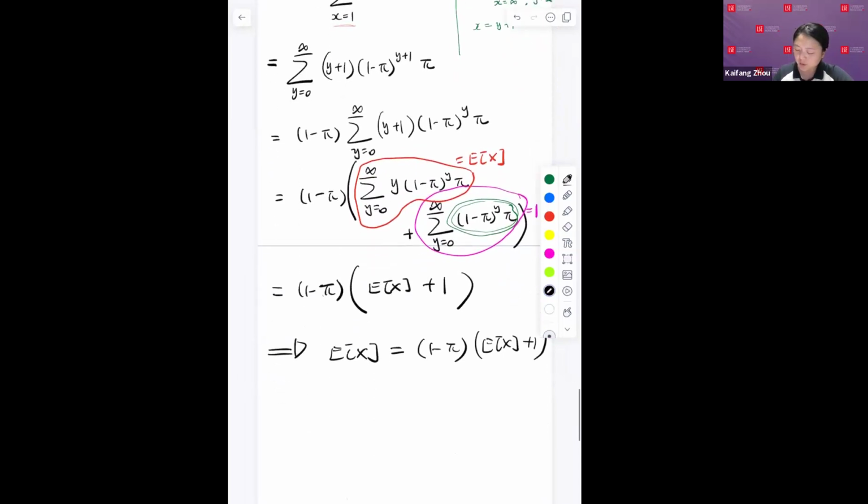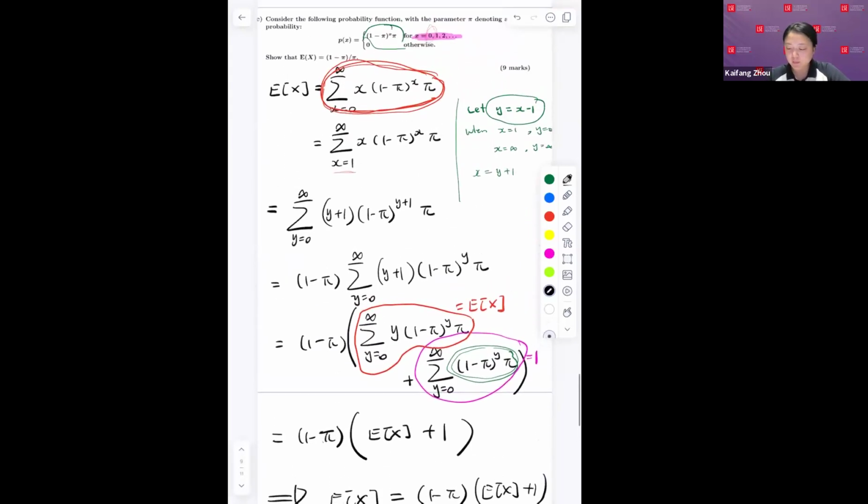We can rearrange everything and show that the expectation of x equals 1 minus pi divided by 1 minus pi, and simplifying, it equals 1 minus pi divided by pi. So we complete the proof.